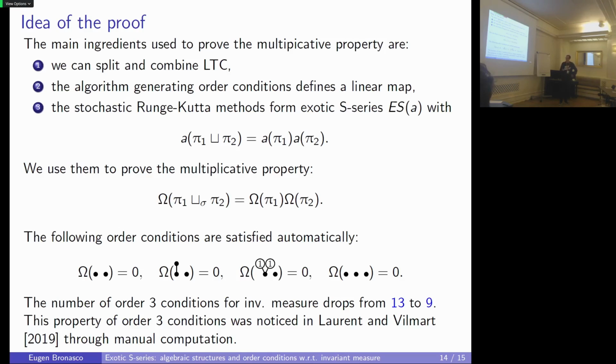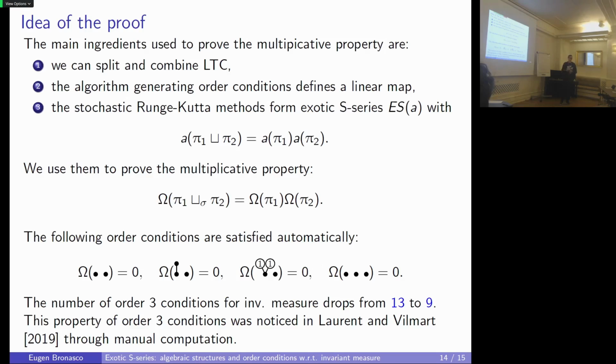So these 3 ingredients allow us to prove this property of the omega, which we want to prove. And then we can use it to say that these 3 order conditions we see here can be ignored. They are automatically satisfied if smaller order conditions are satisfied. So this allows us to decrease the number of order 3 conditions for invariant measure sampling from 13 to 9.